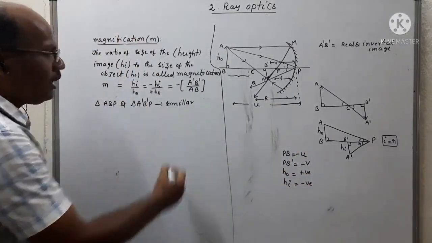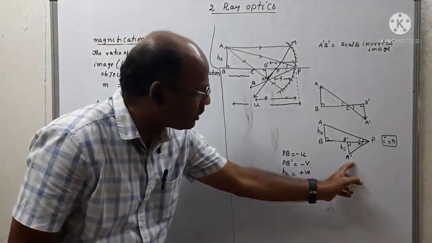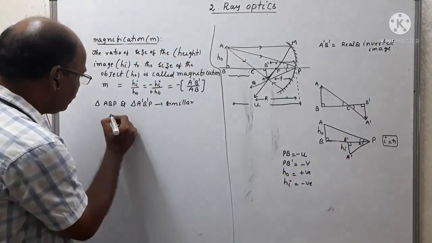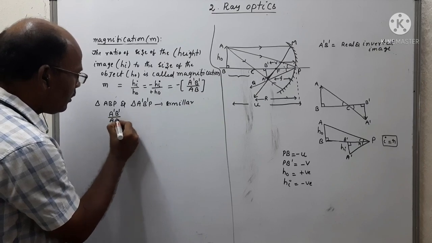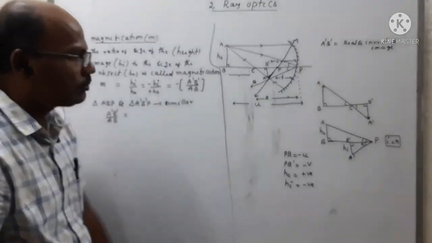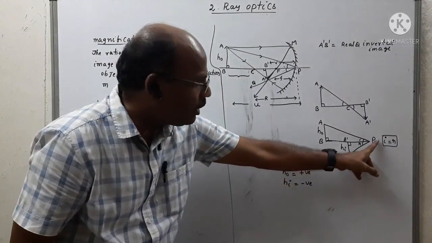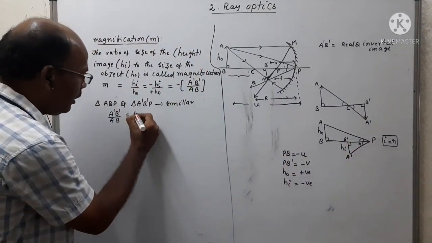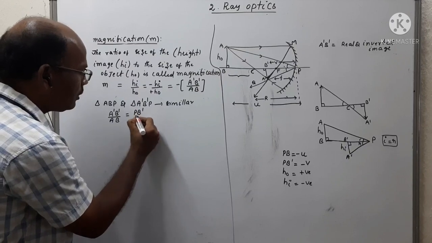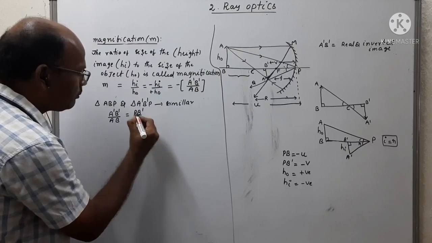From the smaller triangle, A dash B dash by AB is equal to PB dash by PB.